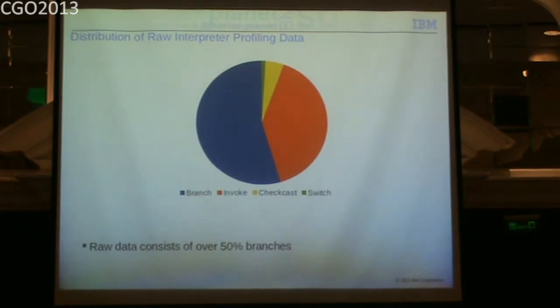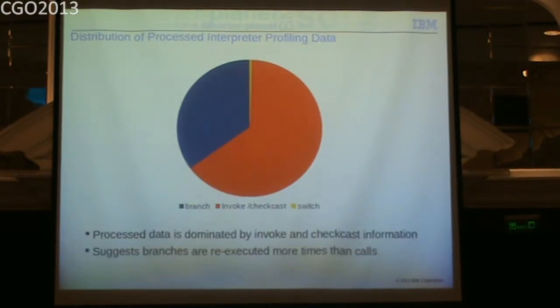I'll show you 2 other interesting statistics that we've uncovered in doing this. Here's a distribution of our raw interpreter profiling data in a typical buffer. As you can see, over 50% of the data is branches. There's still a significant amount for invokes, which are calls, and check casts and switches are only a small sliver. Now we can look at the distribution of processed interpreter profiling data.